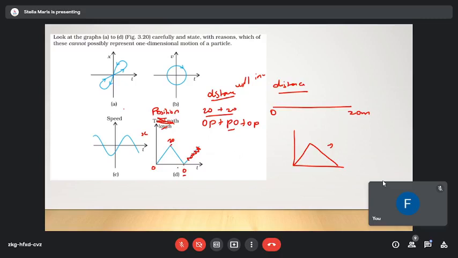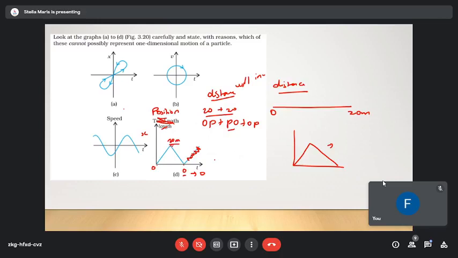What is the position here? It has started here. It has come to 20 meter. Now it has come here. What is the position here? 0. Yeah, so you understand the difference right now between the position and distance.